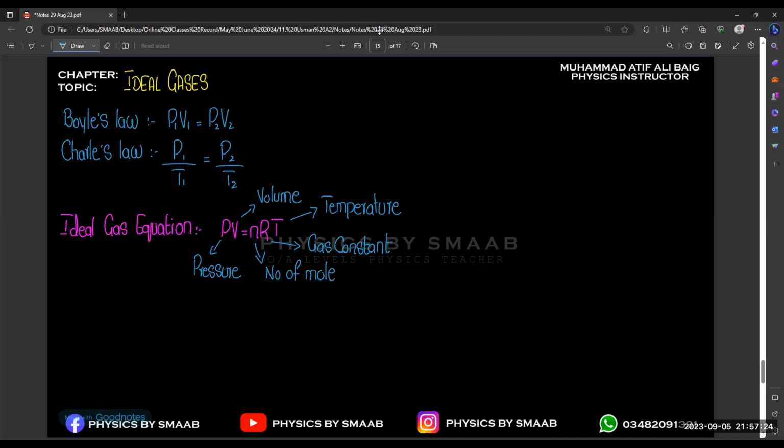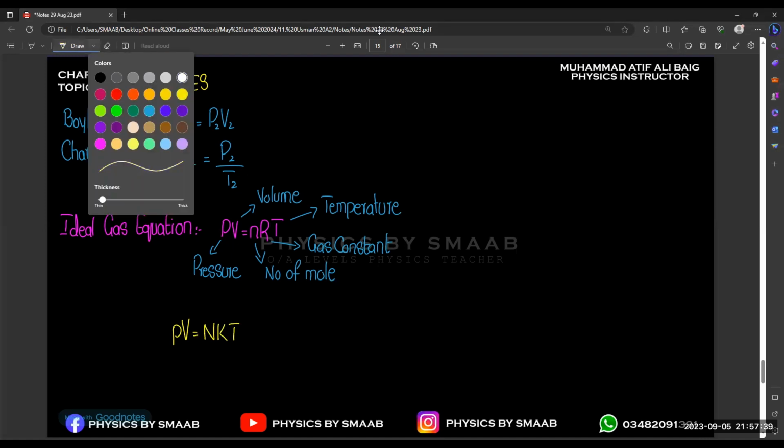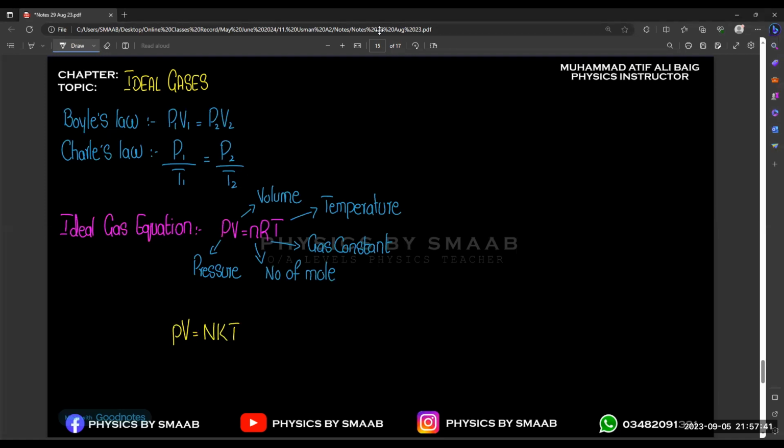And we can also write this equation in a different form. The second form of this ideal gas equation is PV is equal to NkT, right? Now P and V remain the same, pressure and volume, but the small n is the number of moles, while capital N represents the number of molecules, and k represents again a constant.